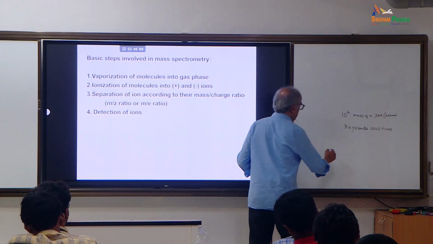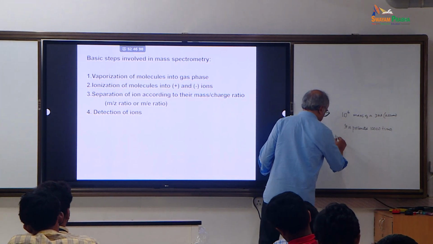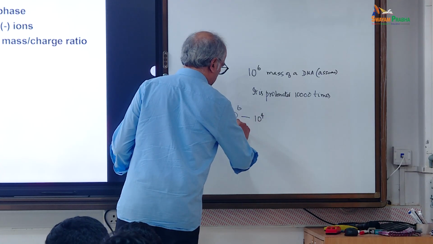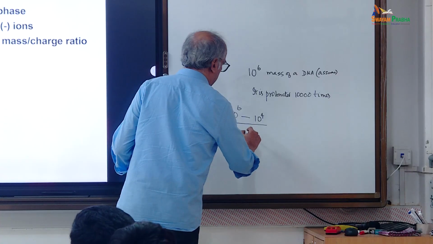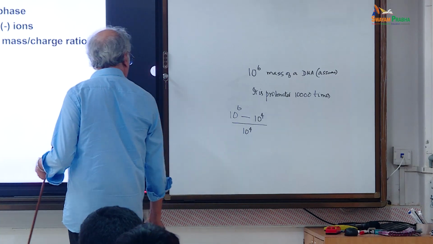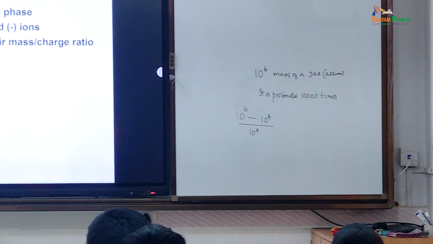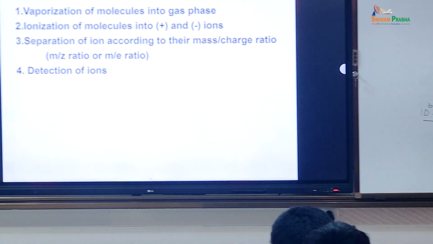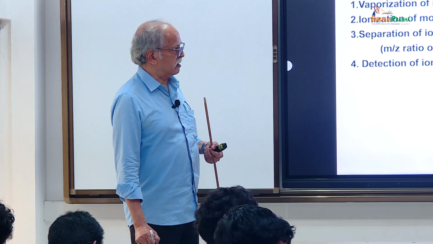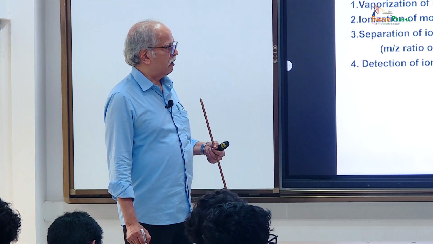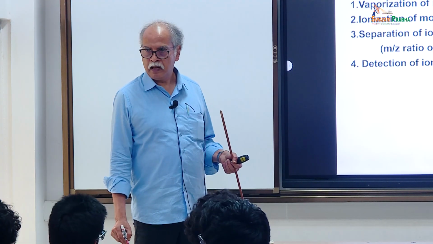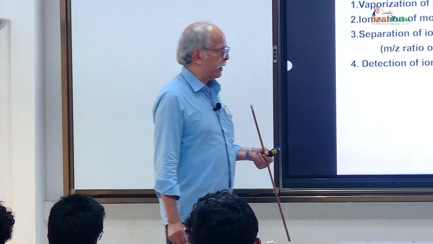So 10 to the power 6 minus 10 to the power 4, divided by... what is the value there? How much is it? A fraction. Huh? 99.